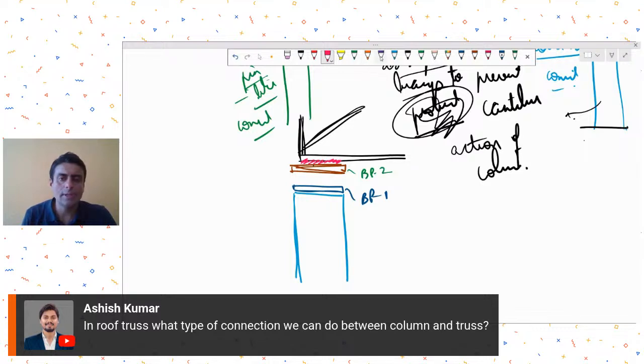Now these base plate 2 and base plate 1 are joined together by bolts. So you will have anchor bolts passing through this base plate 1, already cast in concrete. These are my anchor bolts, cast in concrete, and a portion of it is protruding above.